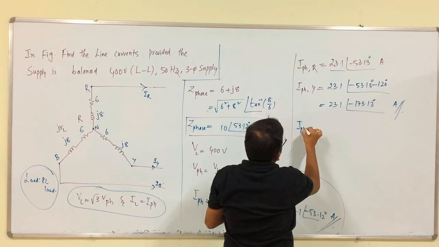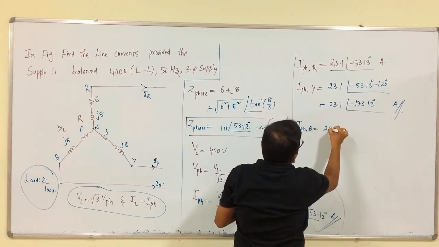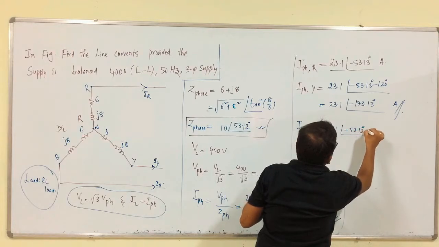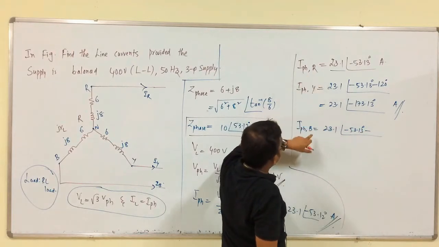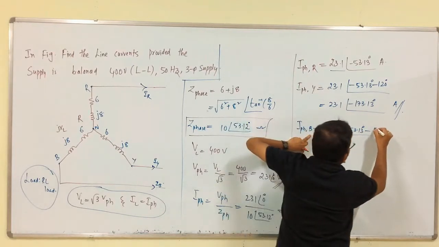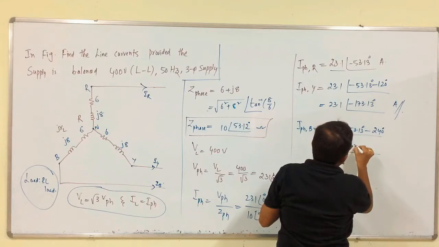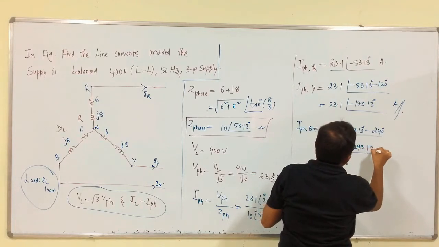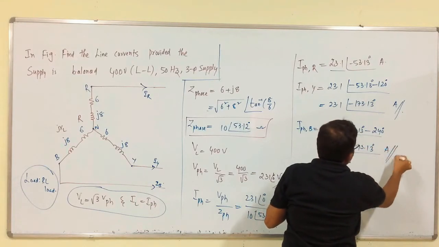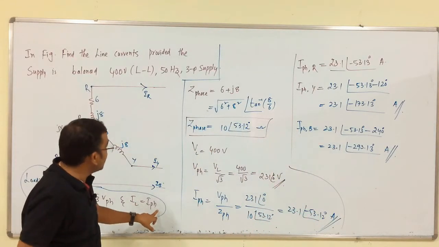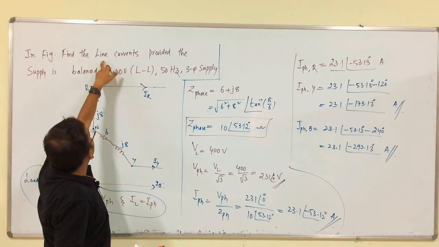Again, the phase current of B is 23.1 at an angle minus 53.13 minus 240 degrees, since between R and B we have 240 degrees, which equals 23.1 at an angle minus 293.13 amps. We all know that in a star connected supply system, line current equals phase current. The required data is the line currents.